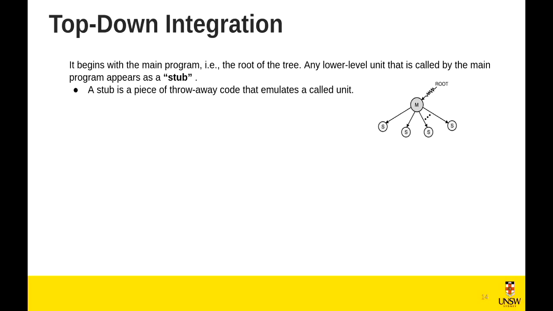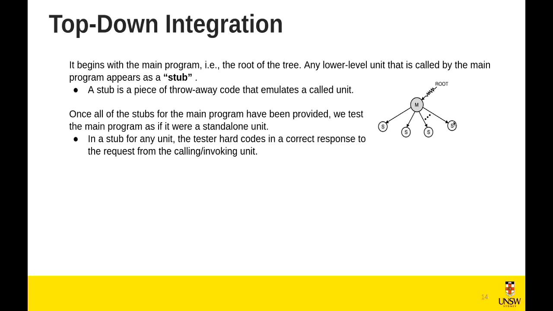And this is an illustration of the main function and the stubs. In this case, we can use some dummy code to replace the stubs here. Once all the stubs of this main function have been provided, since those functions are throwaway code which can mimic the behavior of the actual implementation of the sub function, this piece of code of the main function can be executed for testing.